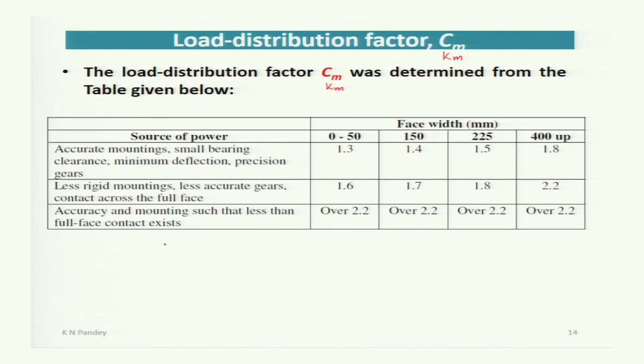For accurate mounting, small bearing clearance, minimum deflection, precision gears, that means everything is very good, corresponding to the face width we get the value of Km or Cm. If the gears are not so precise, that means less rigid mounting, less accurate gears, and lesser contact across the full face, then Km will be taken from this, depending on the face width.